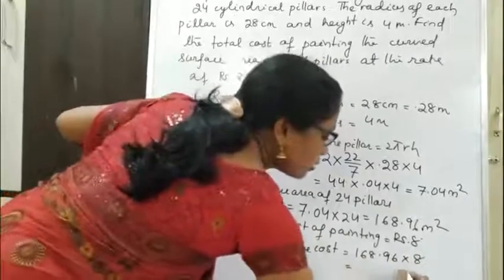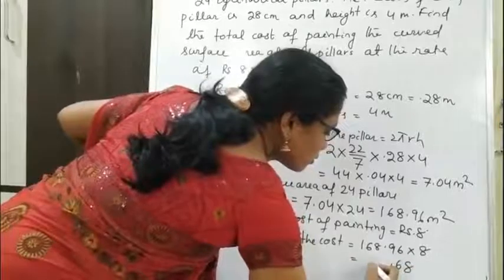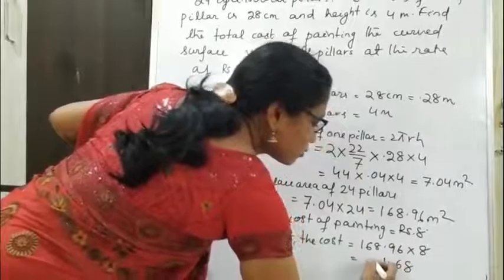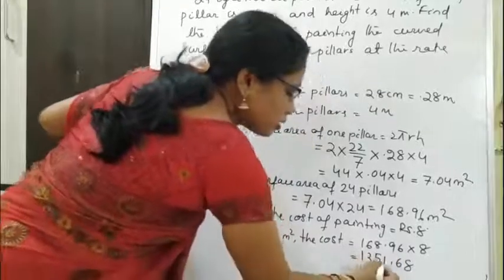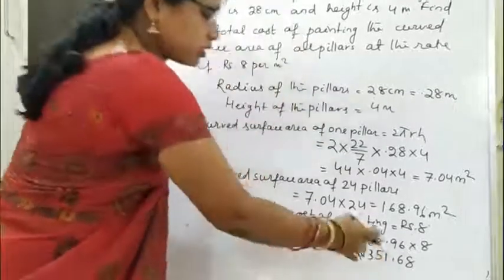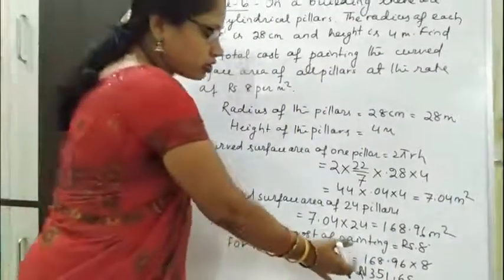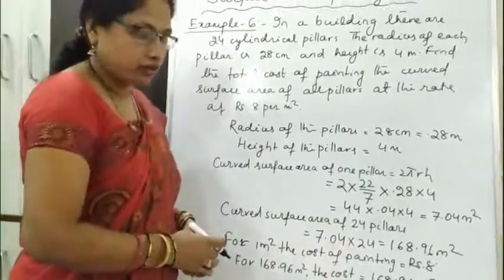So this is equal to 1351.68 rupees. So this is the total cost of painting of 24 cylindrical pillars.